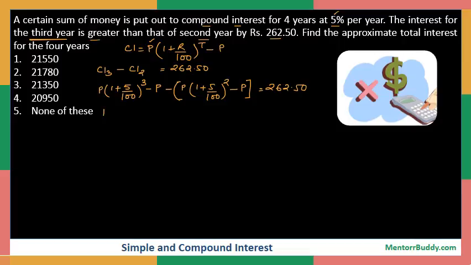So for that if I open up the brackets I get P multiplied by (1 plus 5 by 100) to the power 3, minus P, minus P multiplied by (1 plus 5 by 100) to the power 2. Now this minus and this minus becomes plus, so hence plus P is equal to 262.50. Now this plus P and this minus P get cancelled.